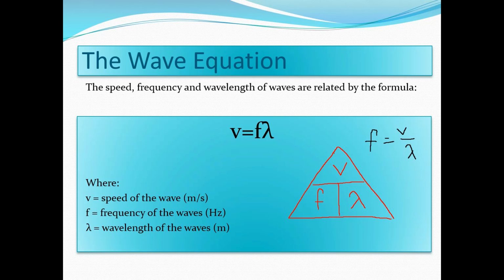Oh, lambda's pretty hard to draw just with a mouse. And then that would also give us that lambda is equal to V over F.